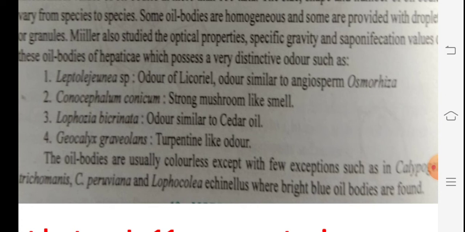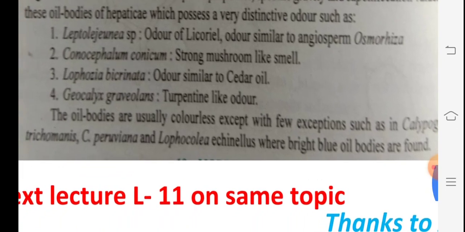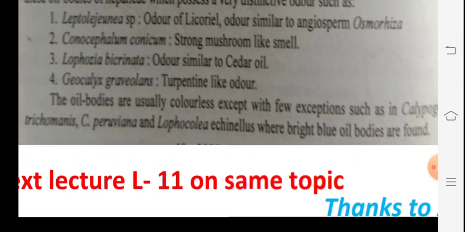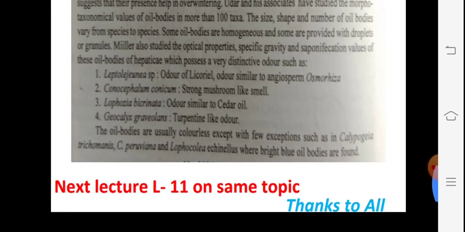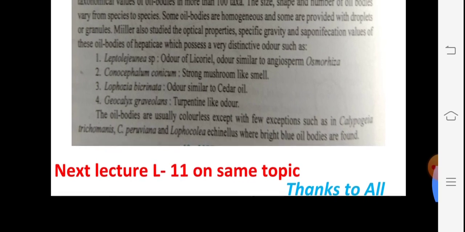Then Geocalyx shows a turpentine-like odor. The oil bodies are usually colorless, with a few exceptions, such as Calypogeia trichomanis and Lophocolea, where blue oil bodies are found. So like this, we have seen some adaptations in the bryophytes.